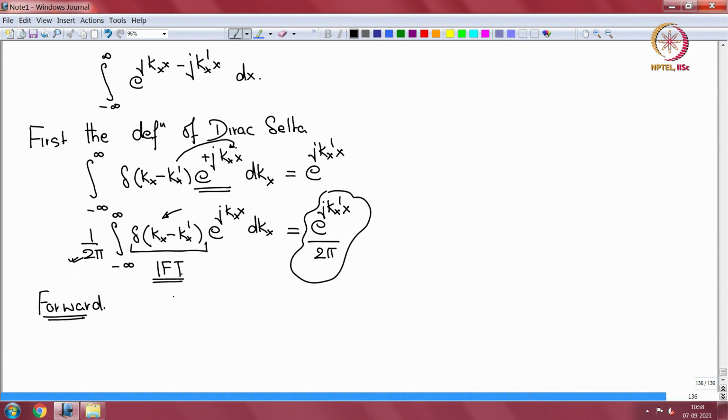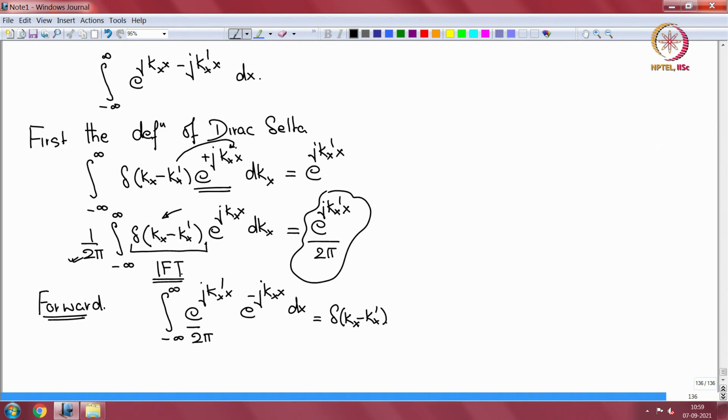So the forward transform, which is minus infinity to infinity, e to the power j kx dash x e to the power of minus j kx x into dx by twice pi should give me back my delta function kx minus kx dash.